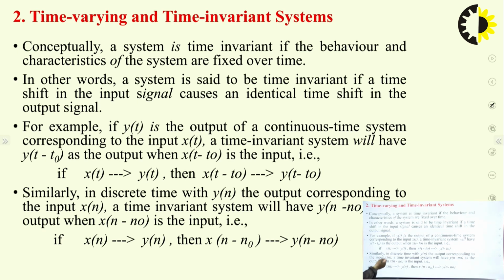Or you can say a system is said to be time invariant if a time shift in the input signal causes an identical time shift in the output signal. Okay. So it means, let us suppose you have a signal x(t) for which you are getting the output y(t), and you are delaying this input by an amount t0. If your output will also be delayed by this t0 units, then you can say the system is time invariant. Otherwise the system is time variant.